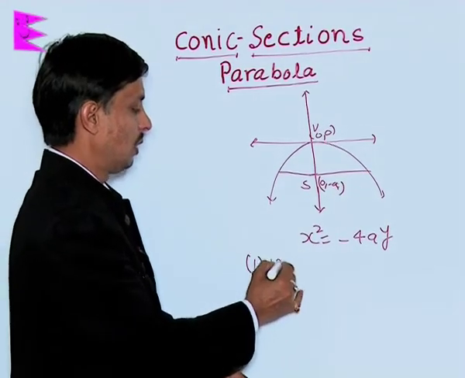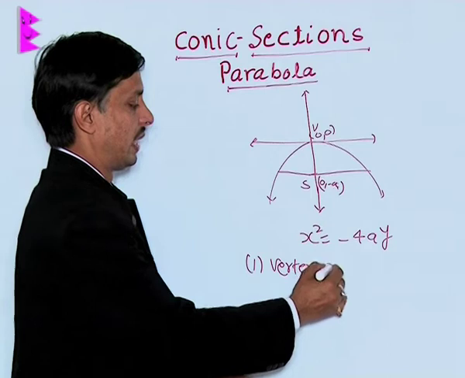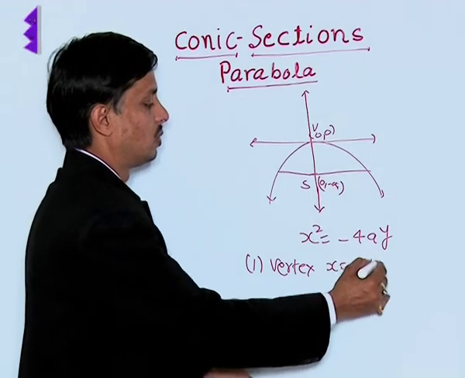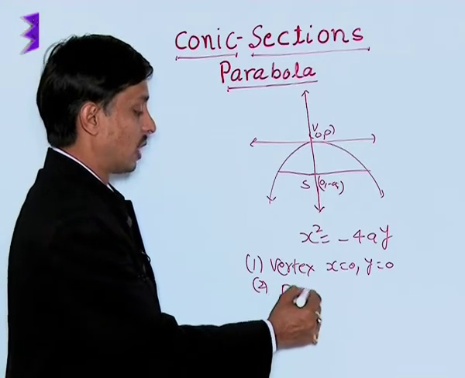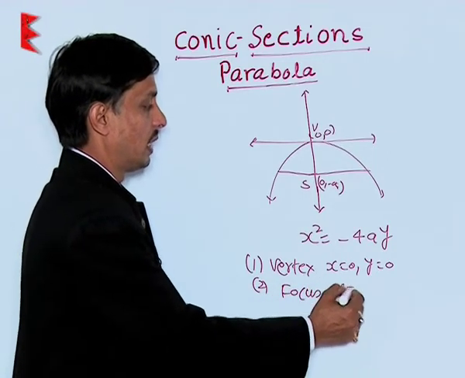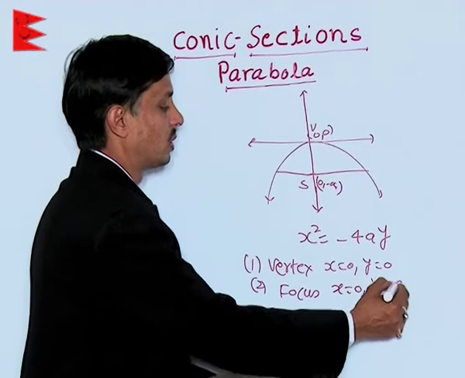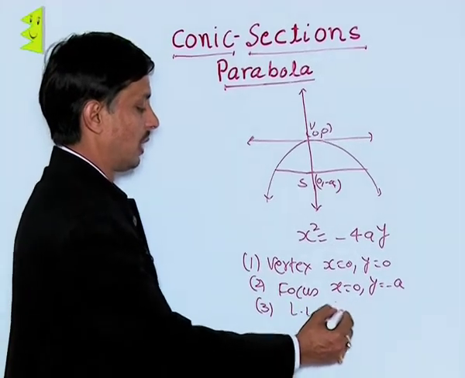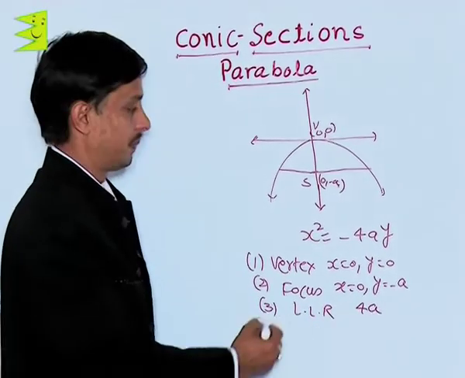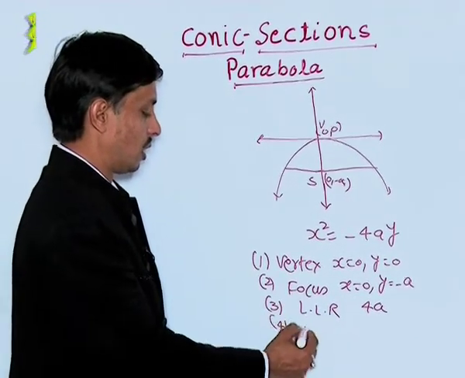So first of all, what is the vertex? x equals 0 and y equals 0. Then what is the focus? The focus is x equals 0 and y equals minus a. LLR, the length of latus rectum, is 4a.